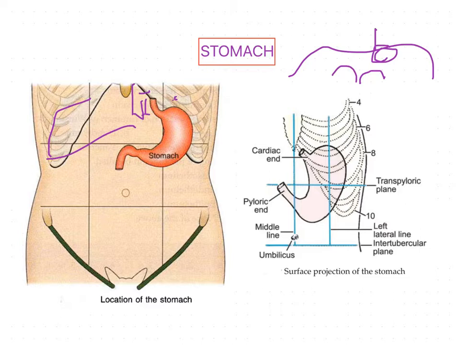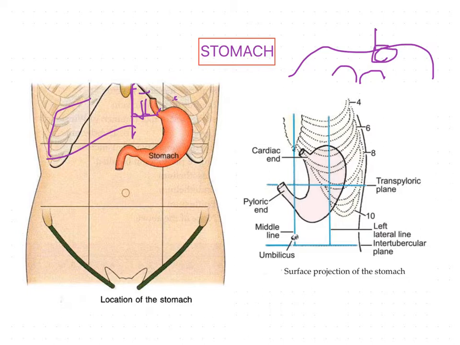This is called the cardiac end of the stomach, at the level of the T11 vertebra, about 2.5 centimeters to the left side of the median plane. So this is about the situation of the esophagus.